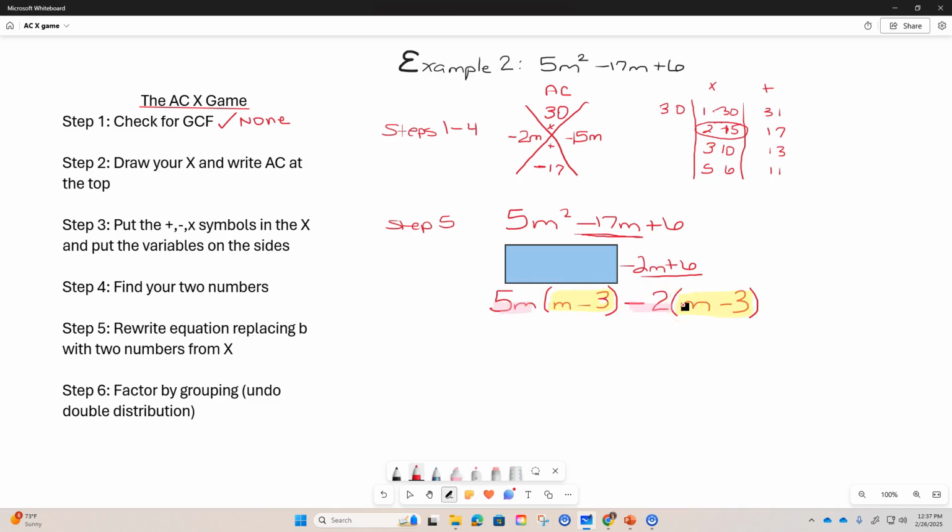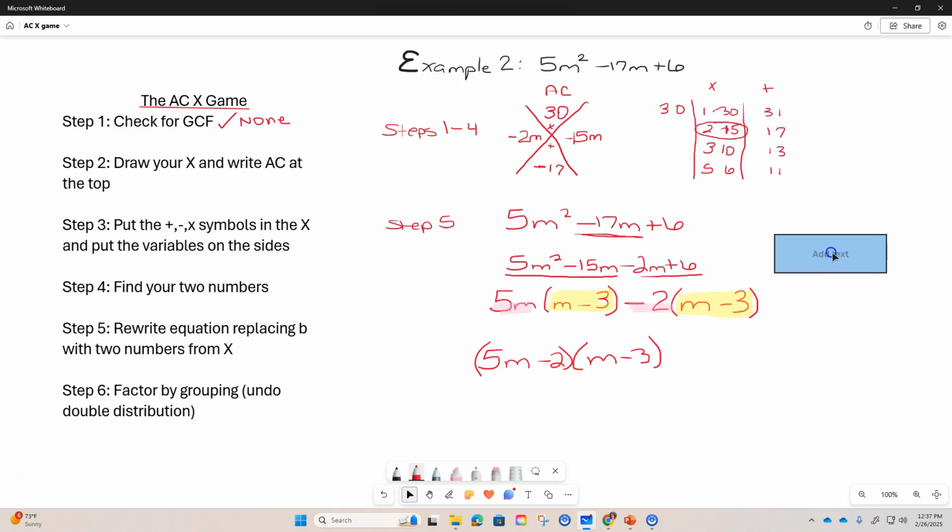So take the two GCFs, put them together as one term, and then take the term that was left over from each one of them, and that's that back term. And now we have that first problem completely factored.